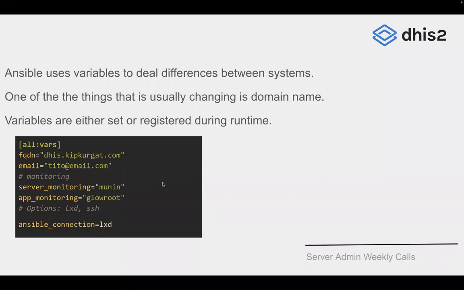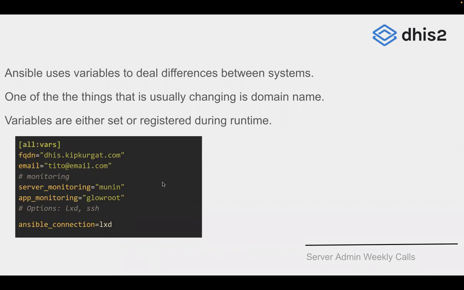In all the deployments that we make, we want our dhis2 instance to be accessible from the internet, so it needs to have a domain name, a subdomain of a domain. In this example, as you can see, we have dhis.skipkurgat.com. It's just an example, and also an email.